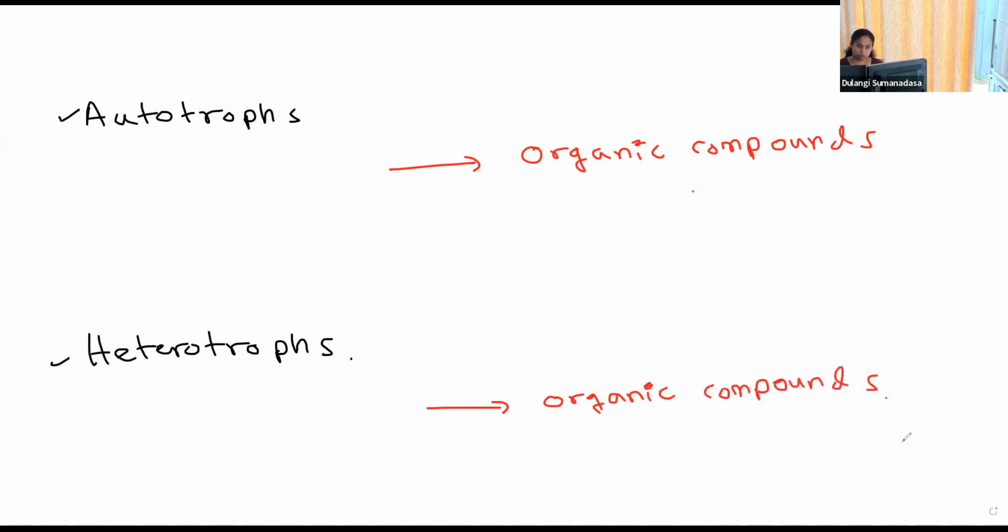So when it comes to the autotrophs, an example is plants. I did exactly the same thing, that's why I'm not explaining this. When you come to the plants, they can make organic compounds like glucose. But to get the carbon source for this organic compound, they use inorganic compounds.